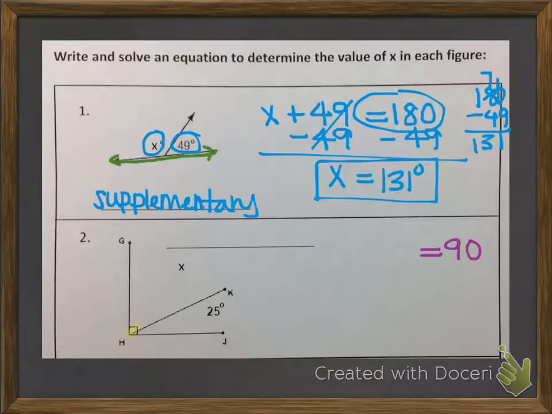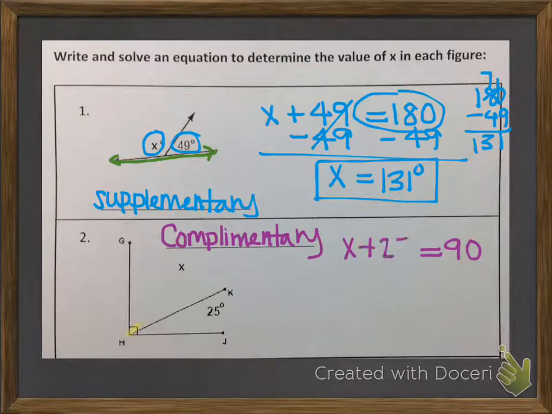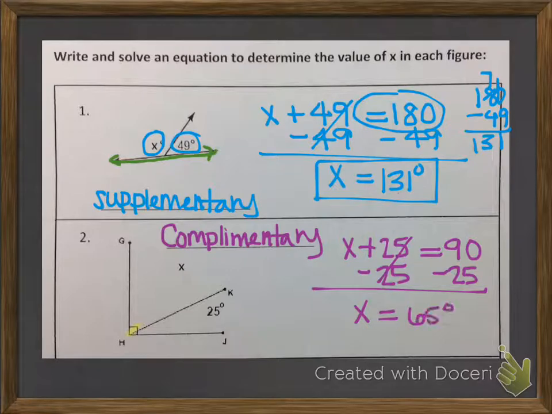That means that this is a complementary angle. So my two angles add up to be 90 degrees. So x plus 25 equals 90 degrees. I need to get x by itself, so this is adding 25, so I need to subtract 25 on each side. Bring down what I have left over, that's x equals 90 minus 25 is 65 degrees.